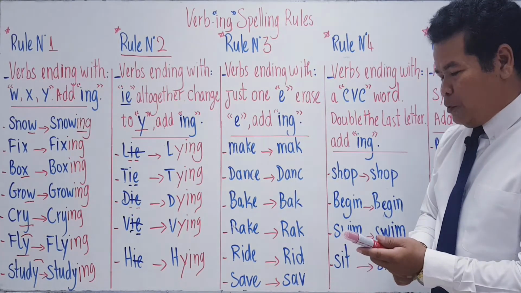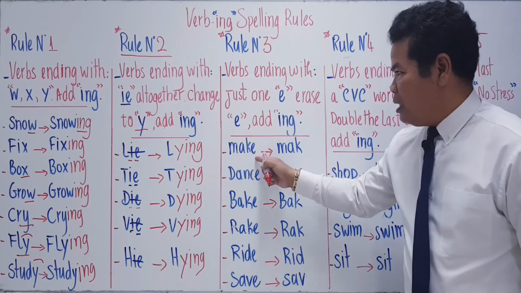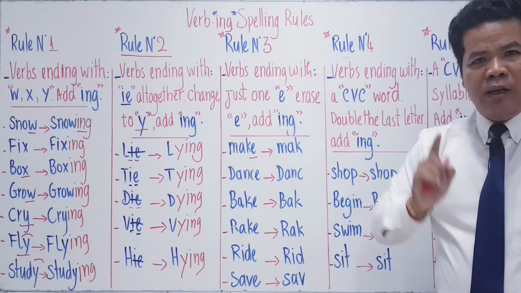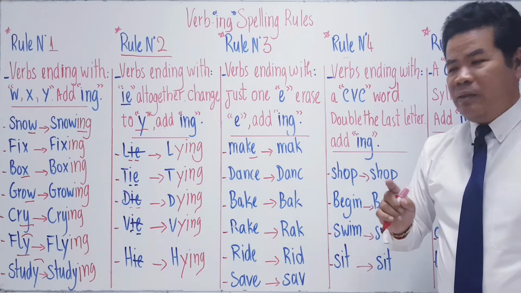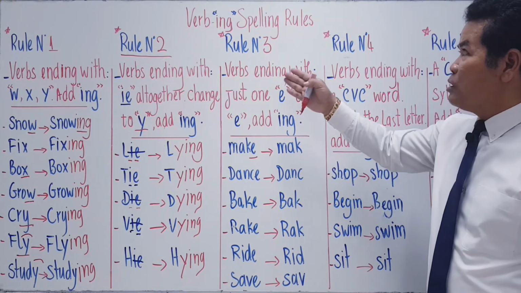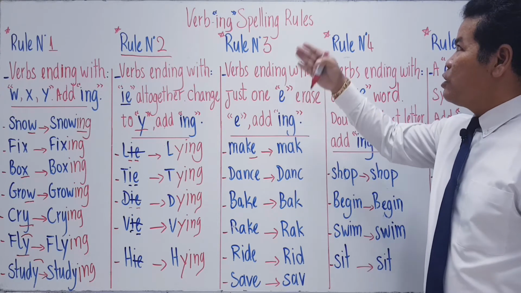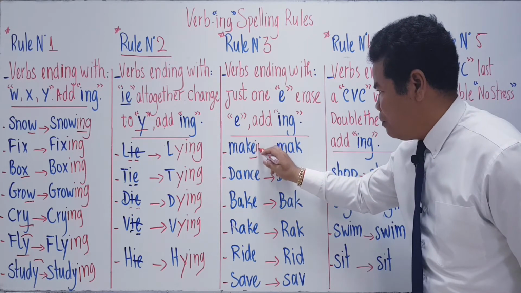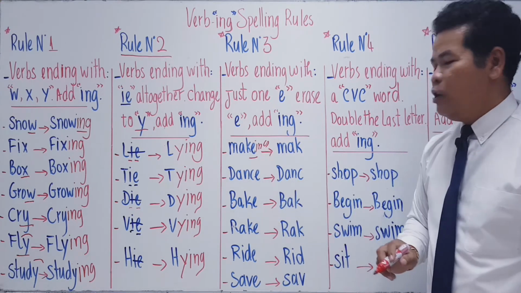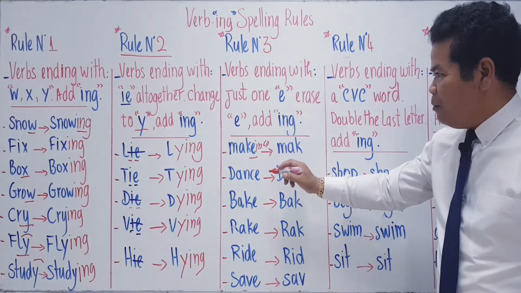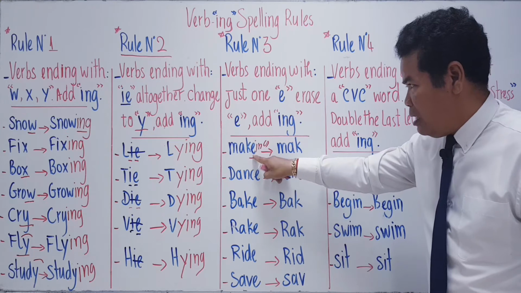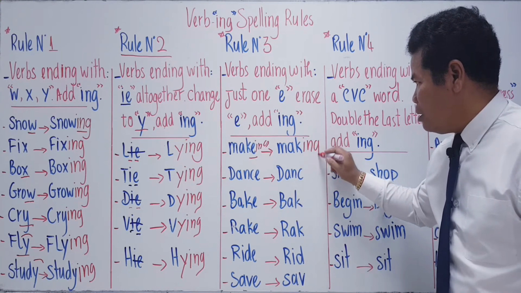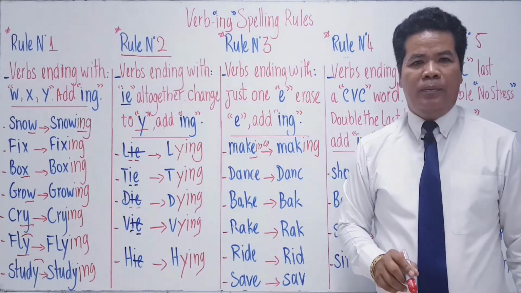For example, make. Only one E at the end of the verb. And then you cannot use the verb ing spelling rule by just adding ing to the verb make. No. We have to erase E and then add ing. Making.